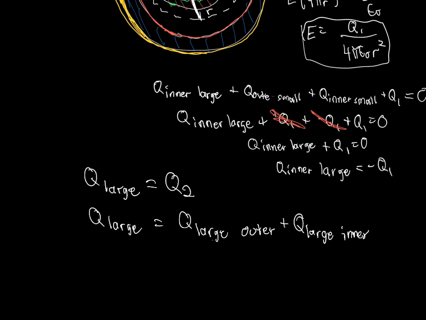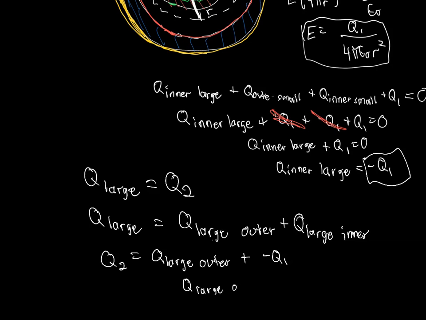Q large equals Q2, plug that in, equals Q large outer, what we're looking for, plus Q large inner. Q large inner we just found was negative Q1. So Q large outer has to be equal to Q2 plus Q1. Okay, wonderful.